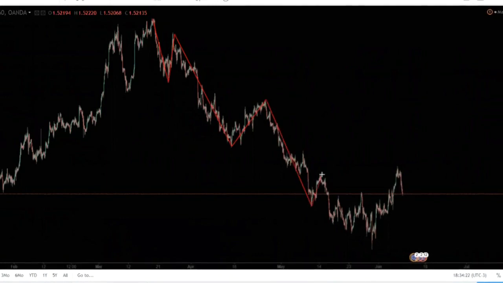Here's a correction. Here's an impulse, correction, impulse, and then here we can see sort of a change of trend. And here's our resistance area. Then now we're experiencing this.